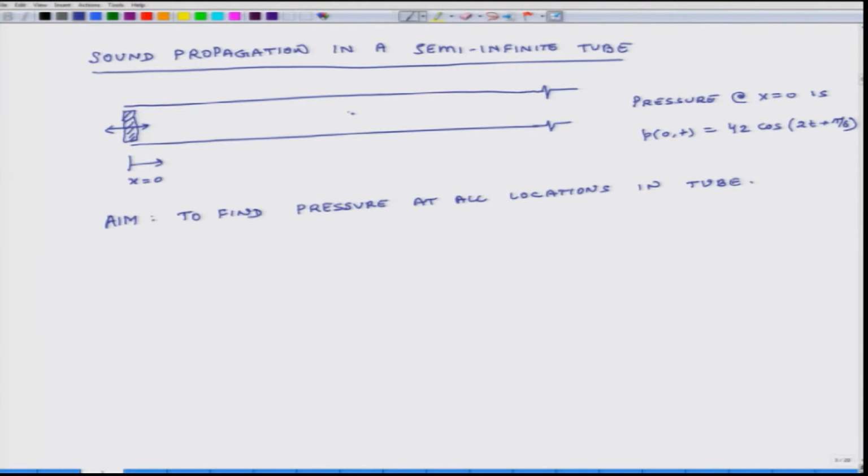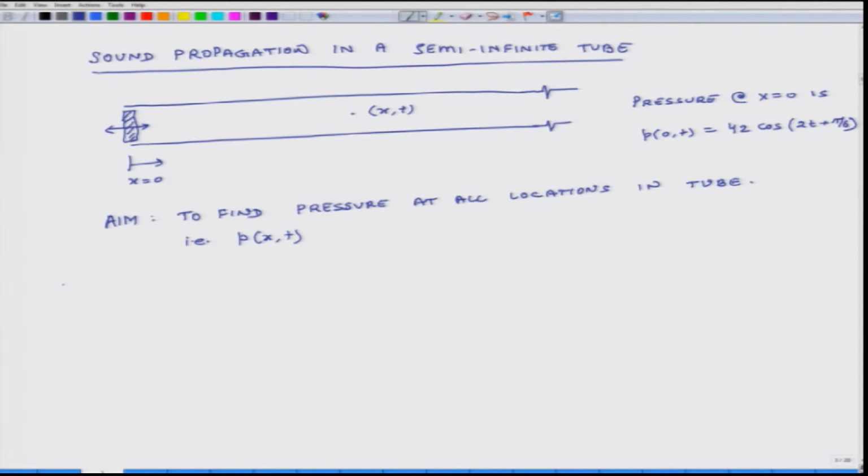So, we have to find the value of pressure at any general point which is x distance away from the beginning of the tube, and at any time. So, we are interested in finding the pressure at this point and at any general time. That is, we have to find what is the function for P of x and t.